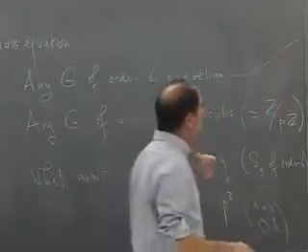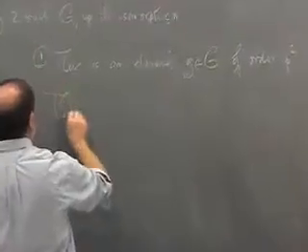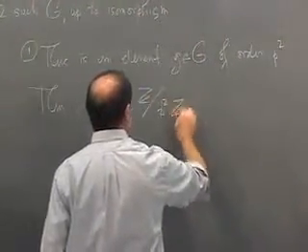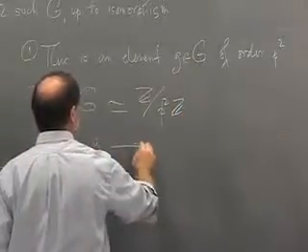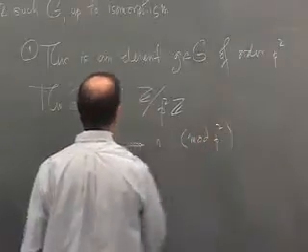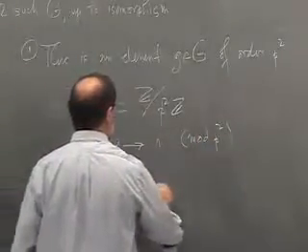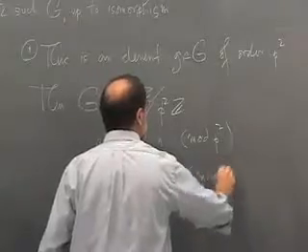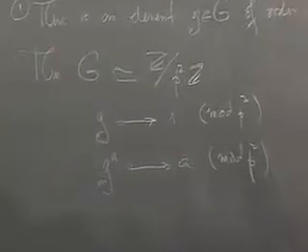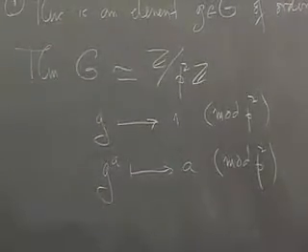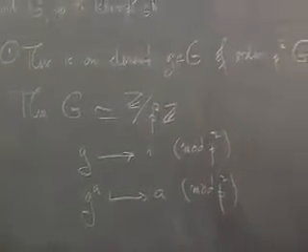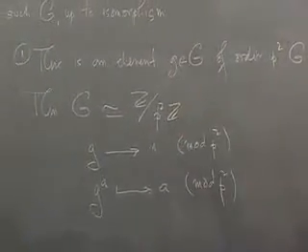If there's an element of order p squared, then G is isomorphic to Z mod p squared Z by the isomorphism that takes g to 1 mod p squared, and takes g to the a to a mod p squared. That's a one-to-one onto map, which is an isomorphism of groups. So if you have an element of order p squared, it's a cyclic group and is isomorphic to this cyclic group.